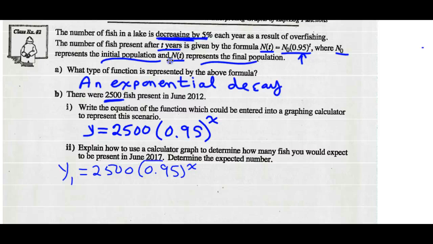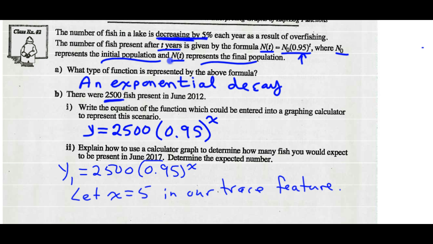June 2017 is 5 years since June 2012, so we're going to let x equal 5 in our trace feature on the calculator. And we will look for the corresponding y value.